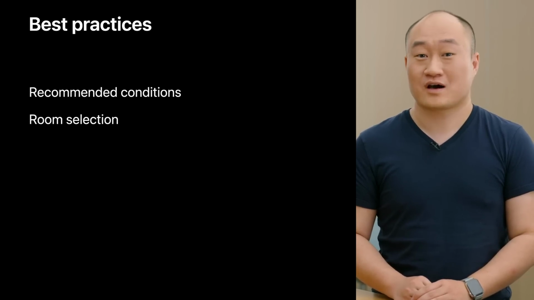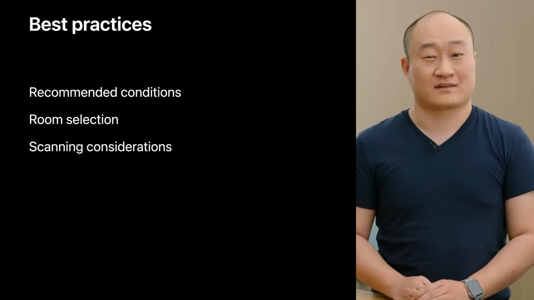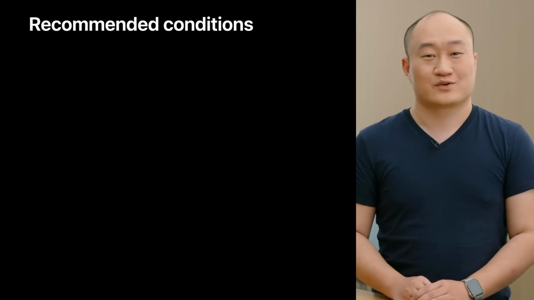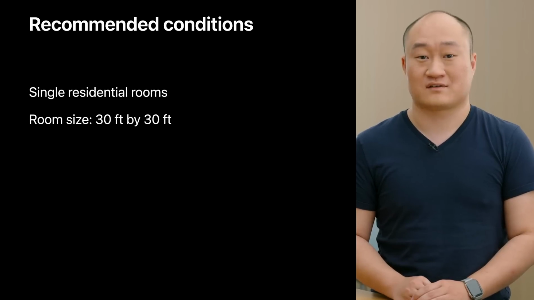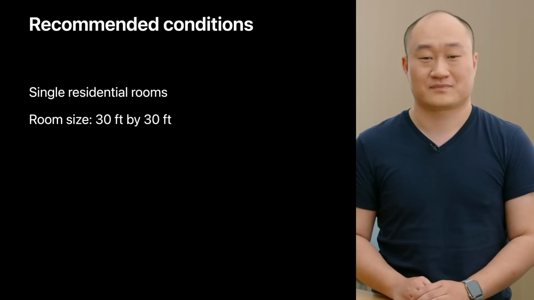We'll cover the recommended conditions that allow for a good scan, room features to look out for while selecting a room, as well as a few scanning and thermal considerations to keep in mind. RoomPlan API supports most common architectural structures and objects in a typical household. It works best for a single residential room with a maximum room size of 30 feet by 30 feet, or around 99 square meters.